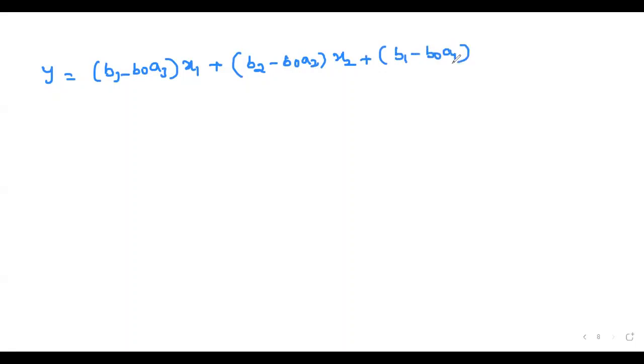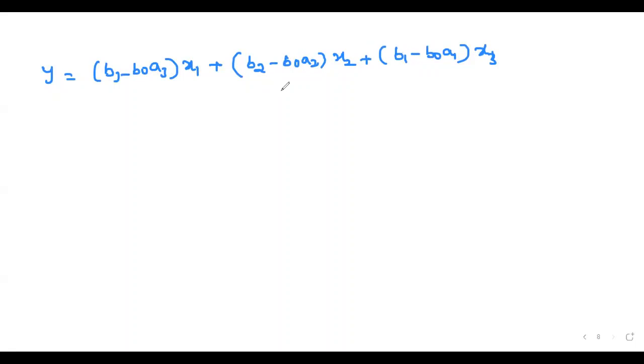Yes, sir. y is equal to, in brackets, (b3 minus b0 a3) x1, plus (b2 minus b0 a2) x2, plus (b1 minus b0 a1) x3, plus b0 u.